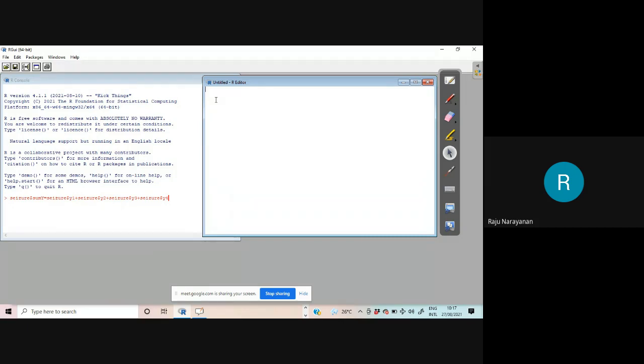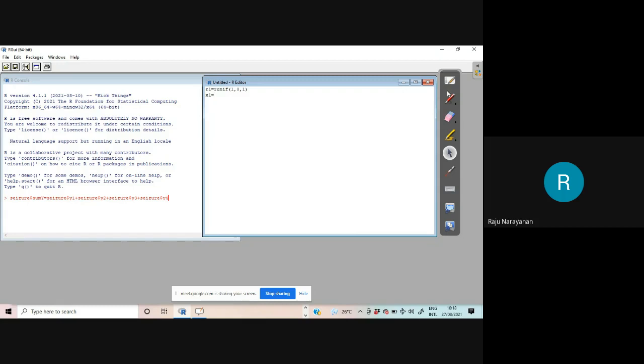Very simple technique. Okay. Suppose R1 is equal to runif, or even if one number you take between 0 and 1. Okay, then x1, what is the formula?